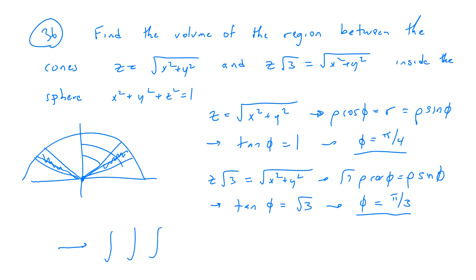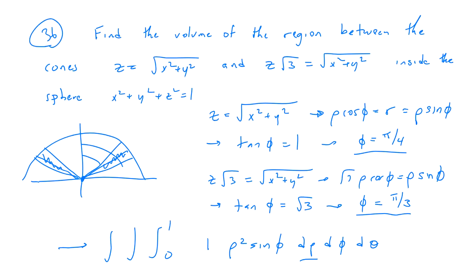Here we're looking at the volume, so we're just integrating 1, but we still get the usual spherical piece. Where rho goes from zero to 1.